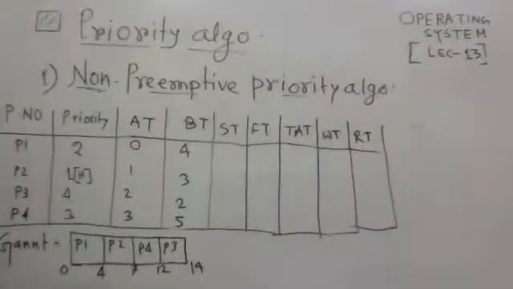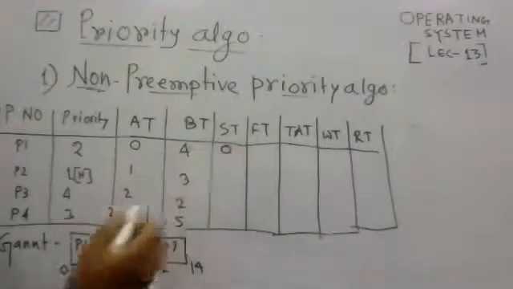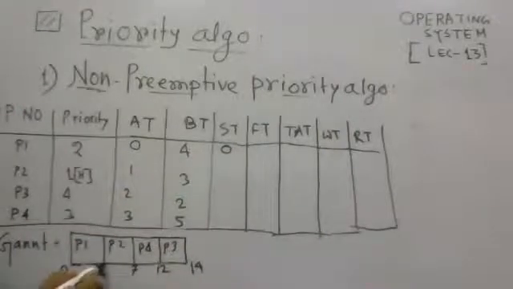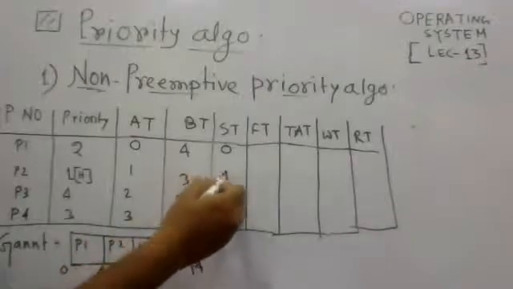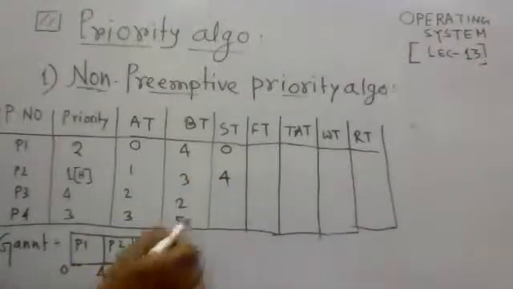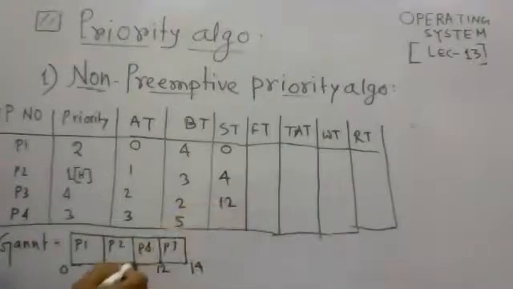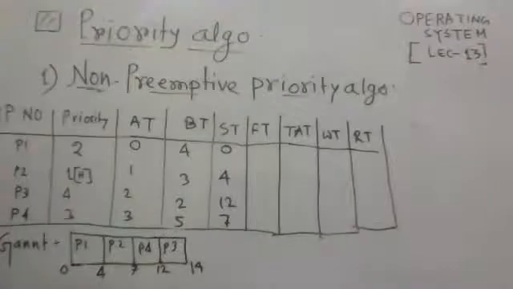So now see, for P1 starting time 0, for P2 starting time 4, for P3 starting time 12, for P4 starting time 7. So starting time we can write directly from the chart.